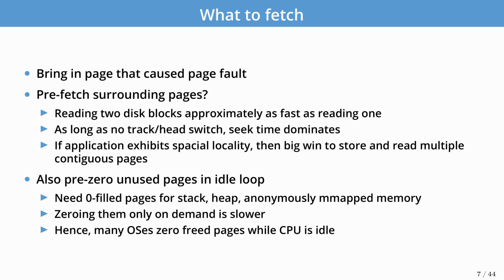For small IOs, typically the overhead from 1 or 2 or a couple blocks is essentially constant. It's more the overhead of the controllers and communicating with the device and back. So because of this, most OSs will choose to prefetch some number of pages, assuming they see an access pattern that deserves that.